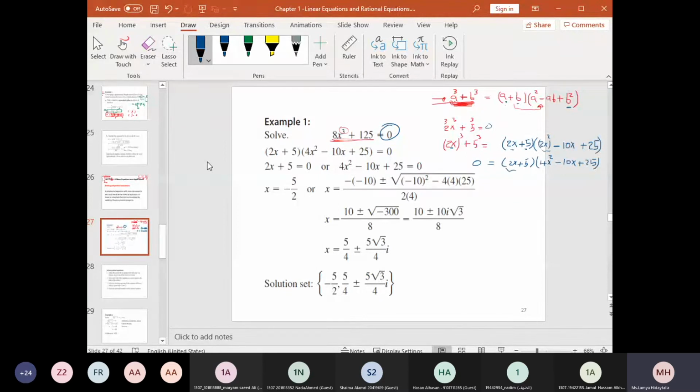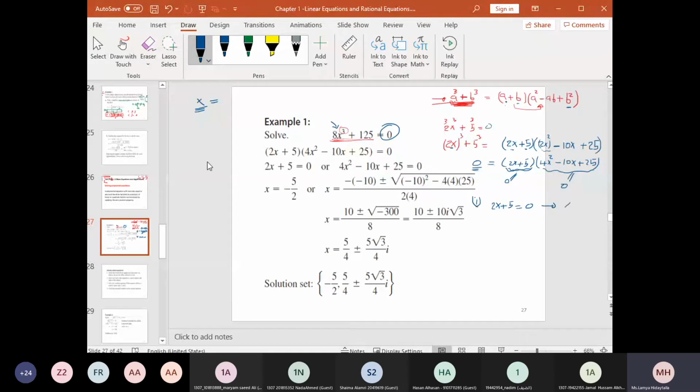Now I have a bracket times another bracket equal to 0. That means either this one is equal to 0 or this one is equal to 0. Yes, I can find the values of x. What are the values of x? We solve this part: 2x plus 5 is equal to 0, from the first factor.